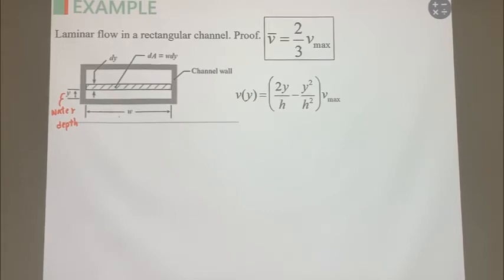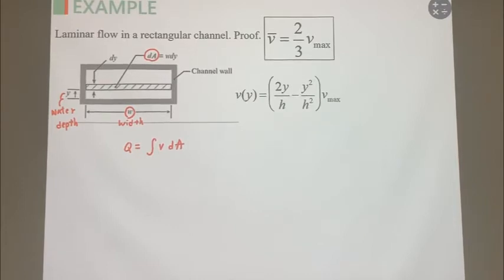And for the cross-section, we have the width of the river channel. The key knowledge here is that we need to define the dA first. If we have the dA, we can define the Q, because we actually know the flow velocity field, and the dA, and then we have the Q.